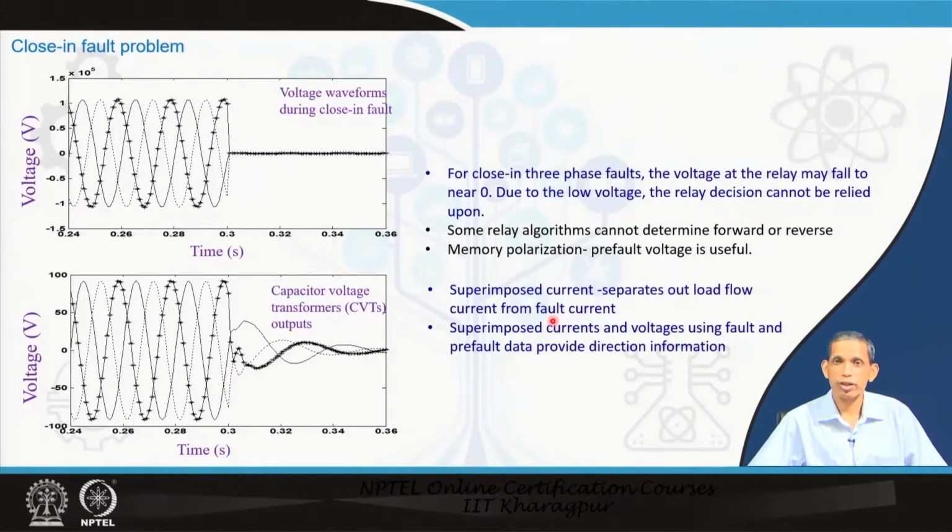We saw that from the positive sequence perspective, pre-fault current was affecting the performance of the relay. If you subtract the pre-fault current from the fault component current, that is called superimposed current. That has another advantage. Superimposed current and voltages can provide directional information, which we will see.